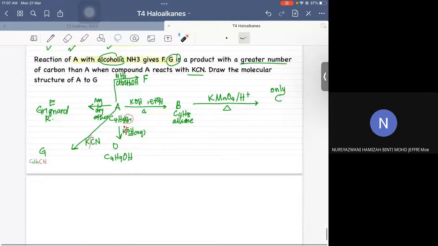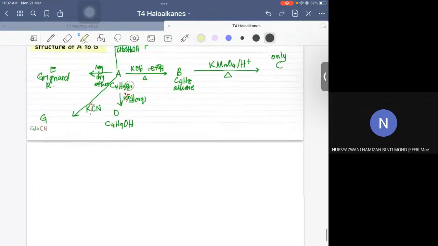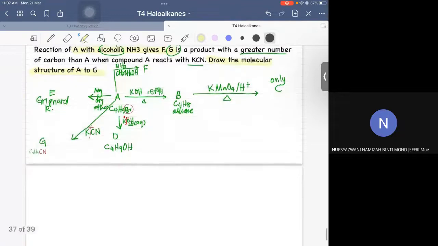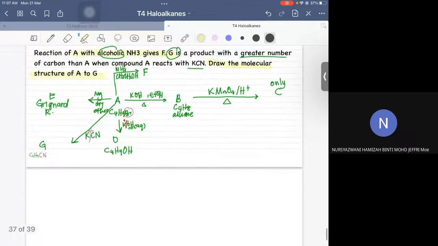Okay, so ni kita punya draft kan. So draw the molecular structure A to G. Kita boleh buat apa? Kita nak guna kita punya framework yang sama macam tadi pun boleh, ataupun kita nak tulis balik pun boleh. Contohnya A react dengan KOH ethanol.